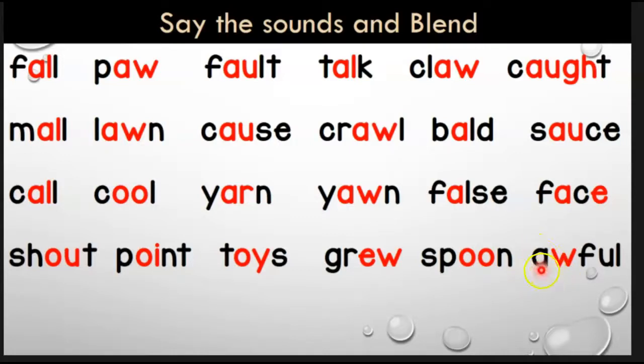For some reason my A isn't red, but it should be awful. Good job.